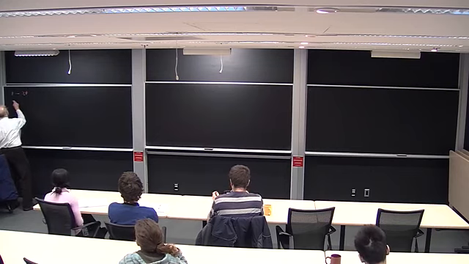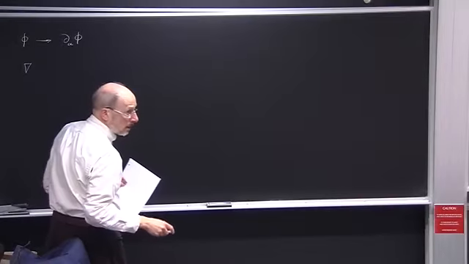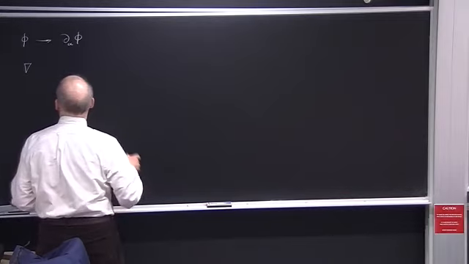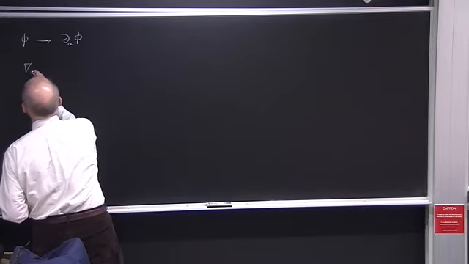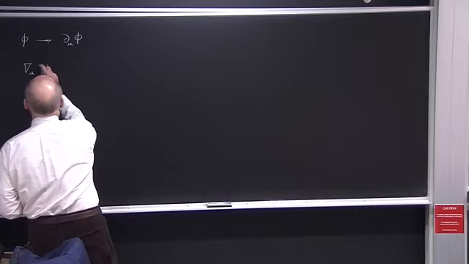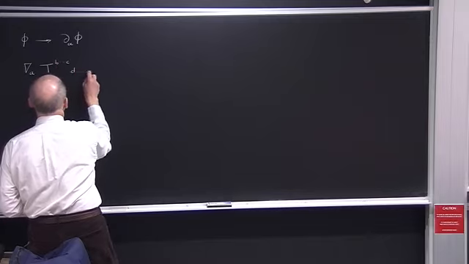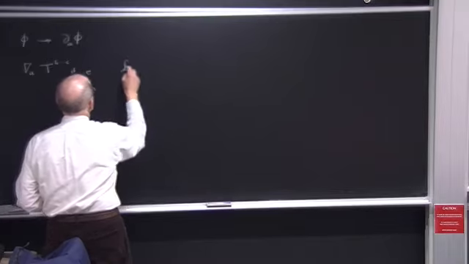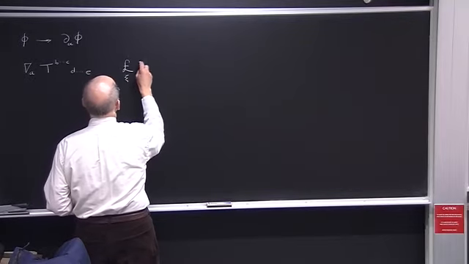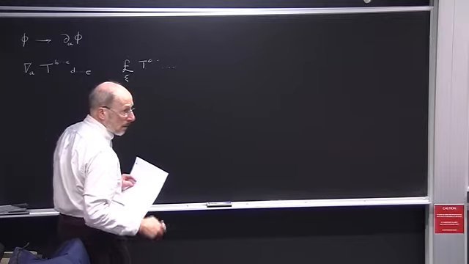But that's special to a scalar field. If you ask for the derivatives that act on an arbitrary tensor field, there are only two that we've defined. One is the covariant derivative, which can act on an arbitrary tensor, and the Lie derivative, which can also act on an arbitrary tensor. Right? So those are the only two that we've defined.